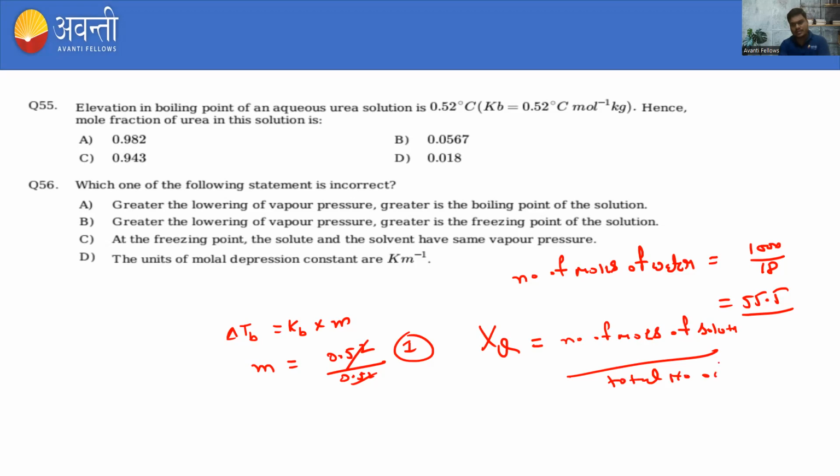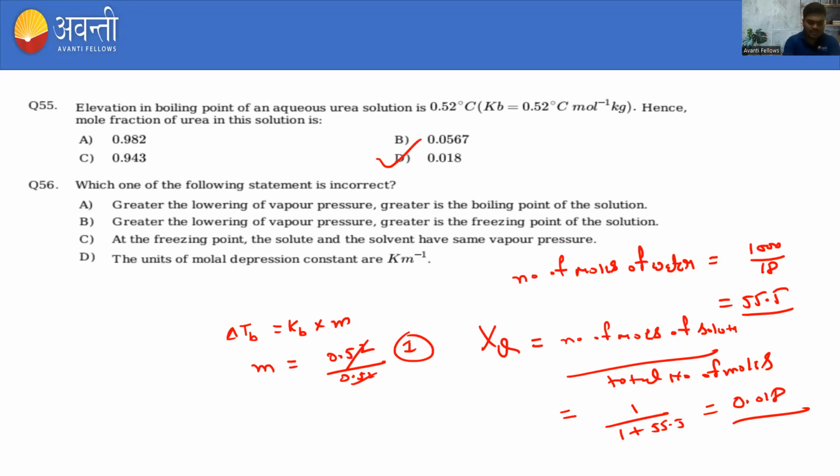This is how we can calculate the mole fraction of the solute or solvent in the solution, right? So this comes out to be 1 divided by 1 plus 55.5. On solving, you'll get around 0.018. So option D is absolutely correct for this question, right?